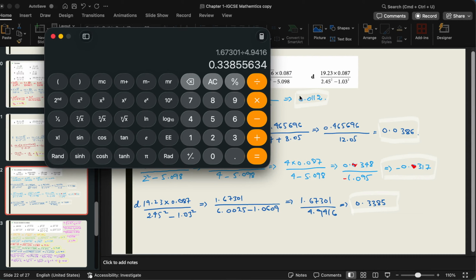It's a long value, so I have recorded up to 4 decimal places. So that's how we are able to use the calculator and solve such expressions with under root and power and division. That's all for this question. I hope it's getting more clear for you. Thank you everyone and happy learning.